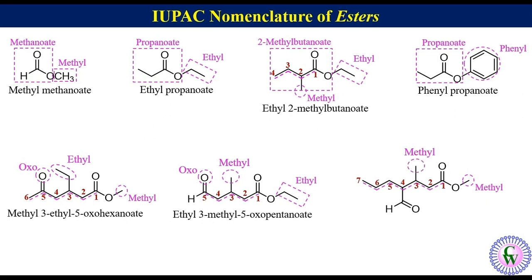There is a methyl group at C3. In this molecule, the aldehyde group is not part of the parent chain. So the whole CHO will be treated as a substituent called formyl. Thus, the IUPAC name will be methyl 4-formyl 3-methyl heptanoate.